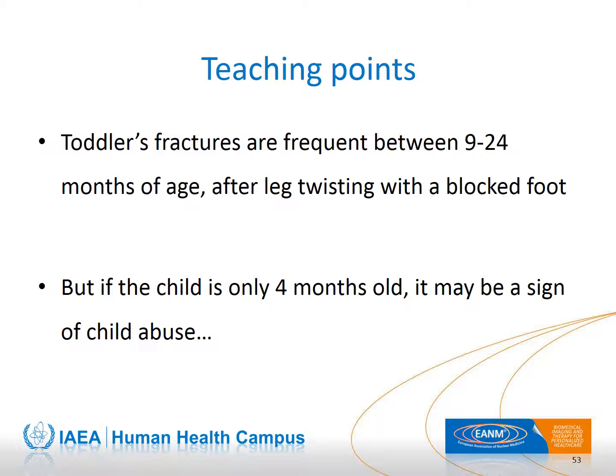Toddler fracture classically occurs between the age of 9 months and 2 years after leg twisting with the foot blocked. If the child is very young, bear in mind that the fracture may be due to child abuse because such young infants are not strong enough to twist round on their own.